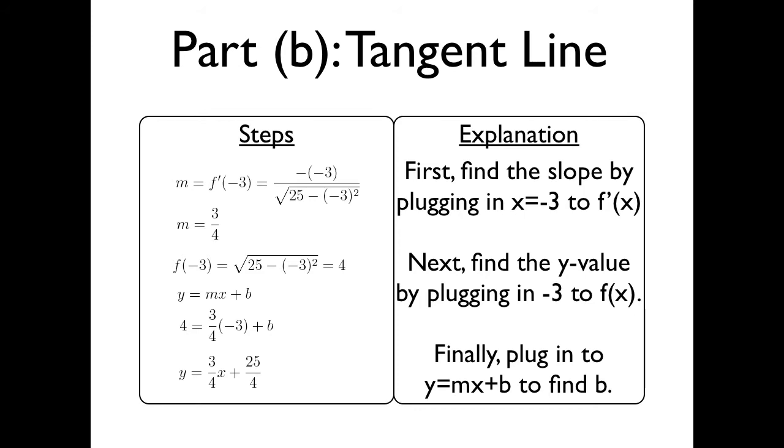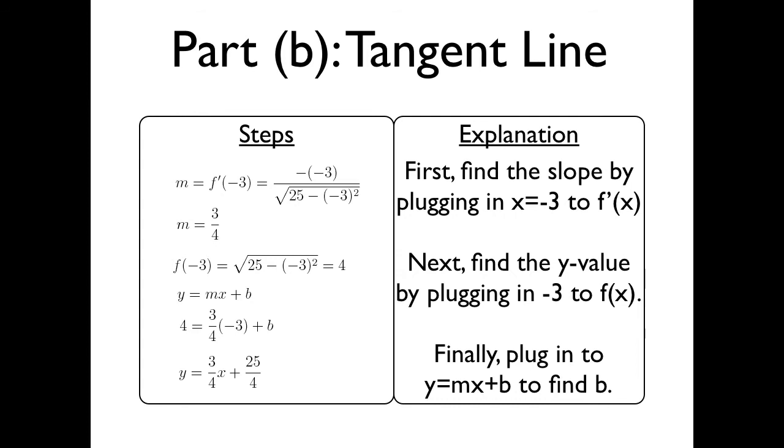I just put the equation there so you remember what we're looking at, and then I plugged in the slope, 3/4 from above, and the x and y value, negative 3, 4. So all I'm solving for is b. So 4 equals 3/4 times negative 3 plus b, and my final answer, b, is going to be 25/4, and I write the whole solution, y equals 3/4 x plus 25/4.